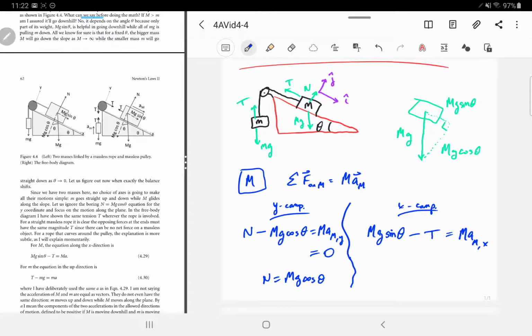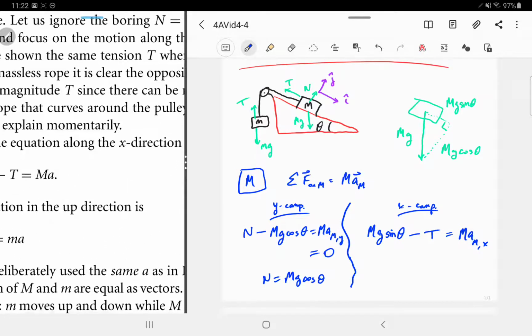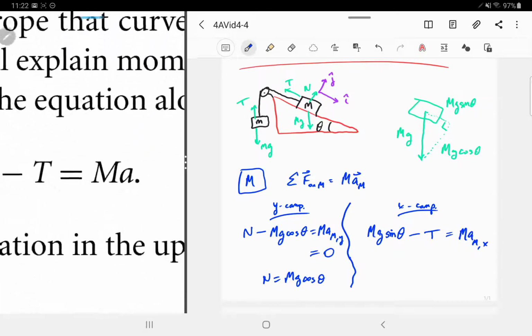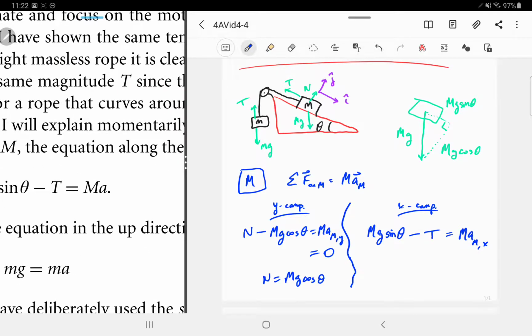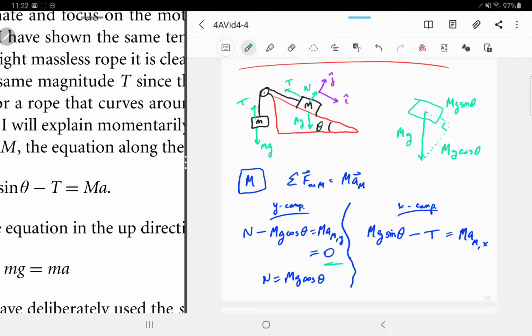Now you'll notice that for your book, on the left-hand side right here, your book just says A. So it's only at this moment that we say, well, the y component of the acceleration is 0. This thing, capital M's x acceleration, let's just call this A. So it's understood that if A, this thing that I just called A, is positive, then that means that M is going this way, down the ramp.